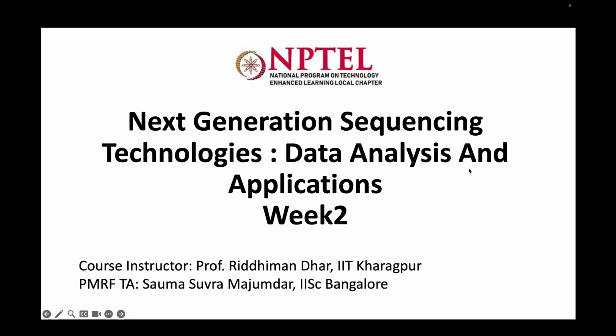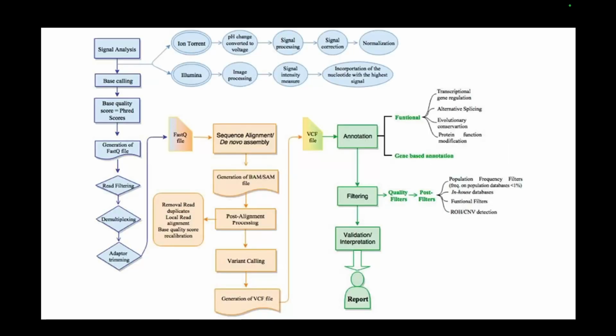So let's get started. This slide shows you a general overview of the NGS data analysis workflow. At the top left, you have the signal analysis part. Your sequencer, after sequencing the DNA you've given as input, gives you some sort of signal.